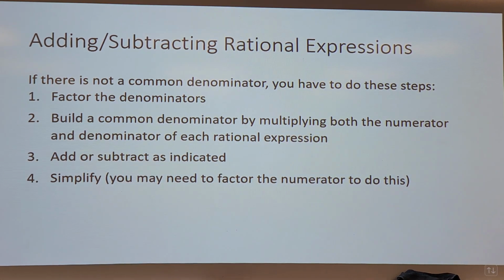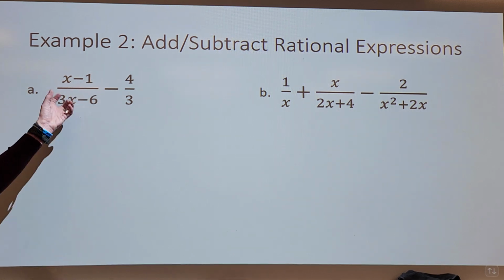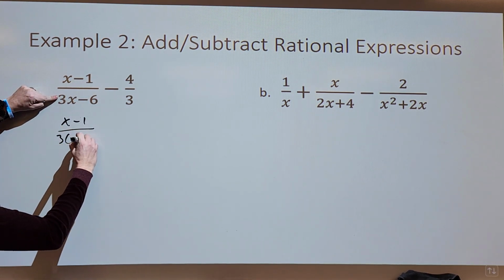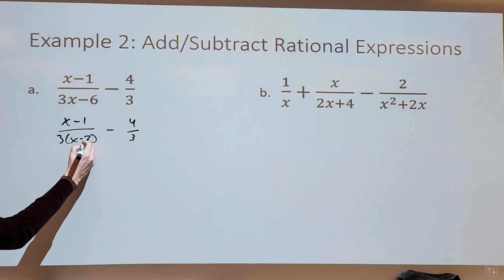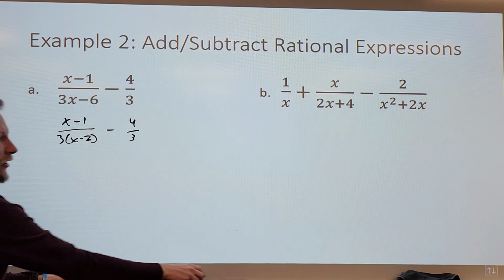Write that down. And once you have all of those steps written down, then we can start to do that work. So over here, we can see that this denominator can be written as 3 times x minus 2. And this denominator is already 3. So all that we need over here to make it match that is we need to multiply.